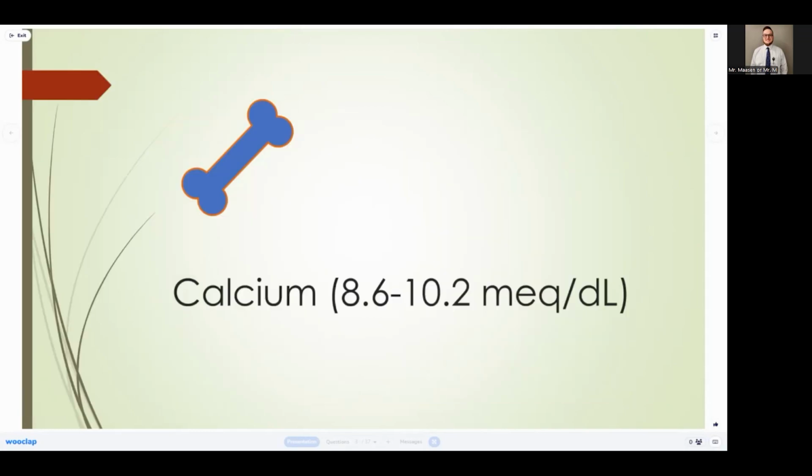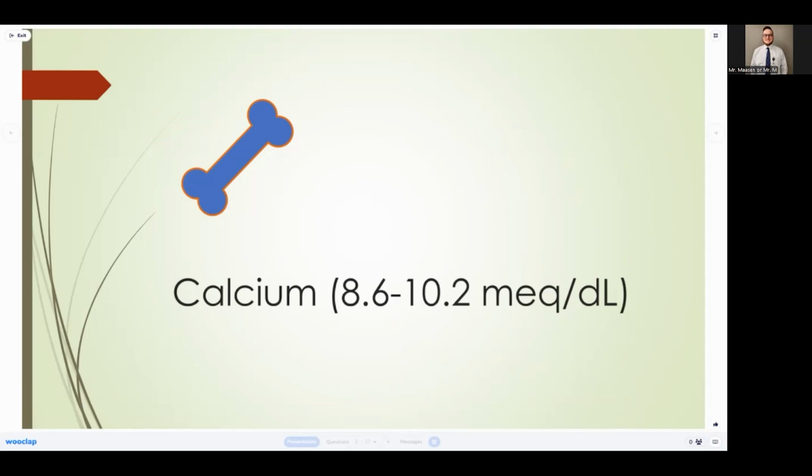So, another electrolyte: calcium, mostly found in our bones. Our bones are mostly calcium and some phosphorus. It's super important for muscle contractions and nerve impulses. It has a role to play in helping us blood clot, a lot of stuff. Mostly, this is an intracellular fluid electrolyte, inside the cell.